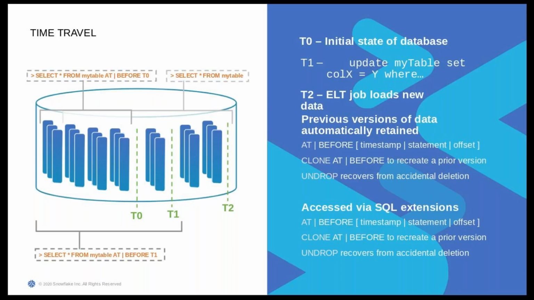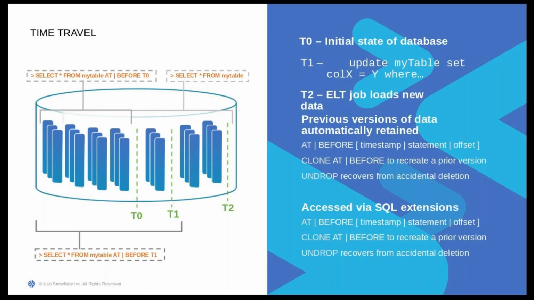Whenever you have done modifications, it keeps on adding different versions of the file, and all the different versions are available to you for 24 hours. That means if you want to see what happened at 10 o'clock, you can go back and query your table at 10 o'clock, which gives you the snapshot of that table at that point in time.